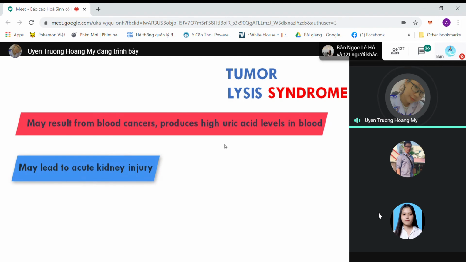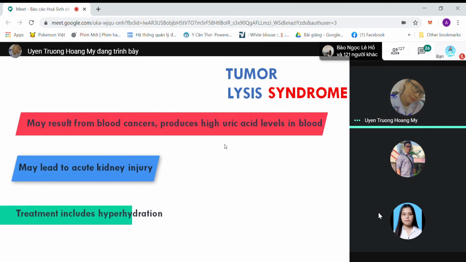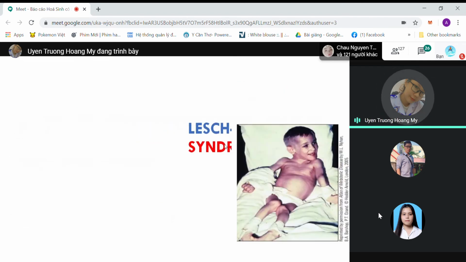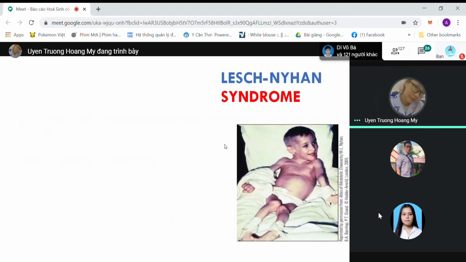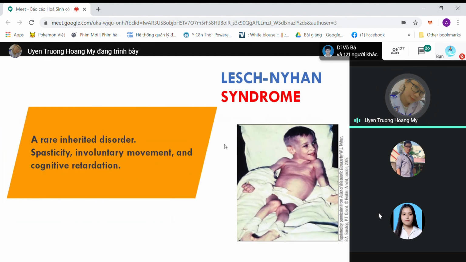Tumor lysis syndrome may lead to acute kidney injury. Treatment includes hyperhydration. 4 is Lesch-Nyhan syndrome, a rare inherited disorder with spasticity, involuntary movement, and cognitive retardation, as well as gout.